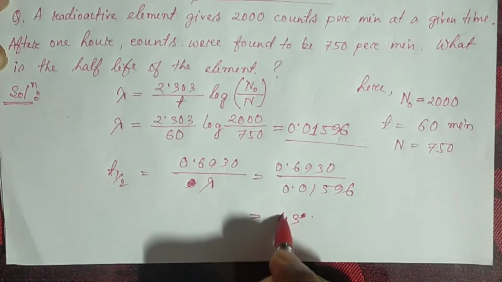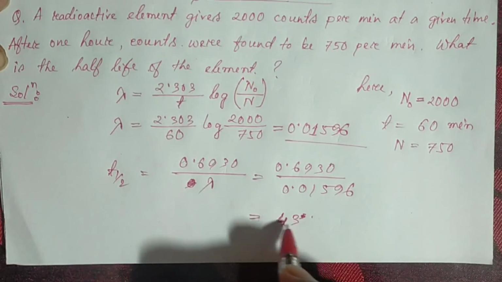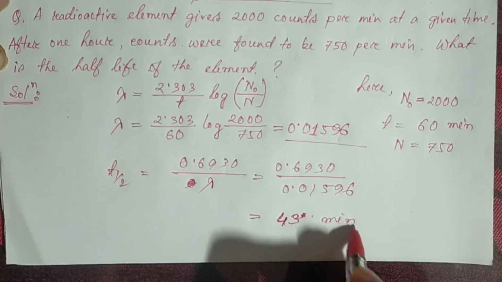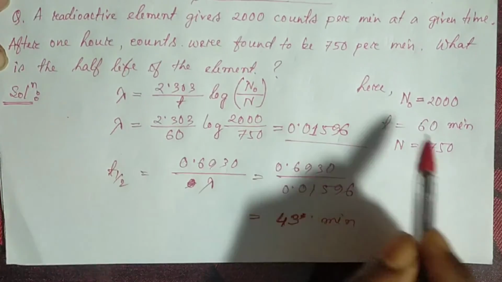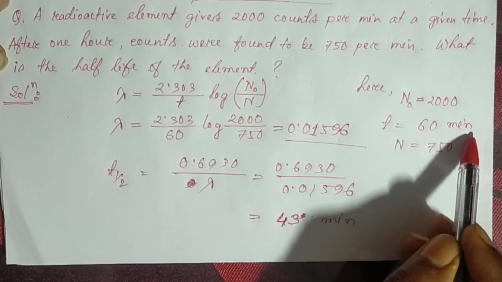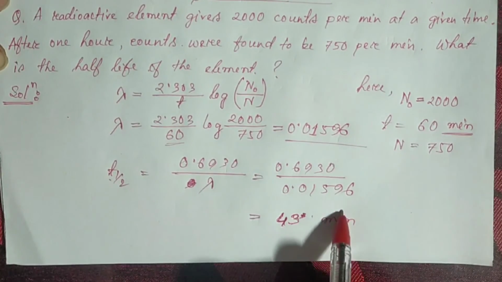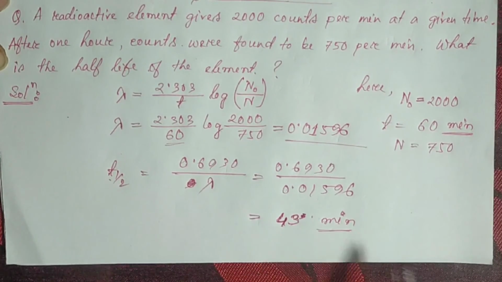You will also get decimal points, but you can neglect that. So it is 43 minutes. As we have put t in minutes, t half will be in minutes. Okay, so this is the half-life for this.